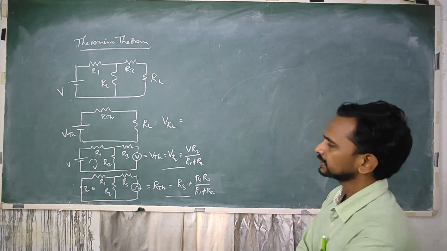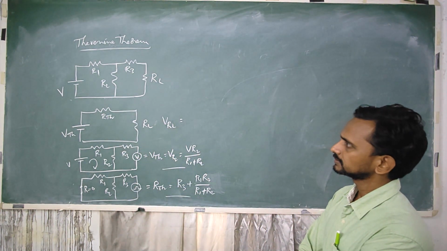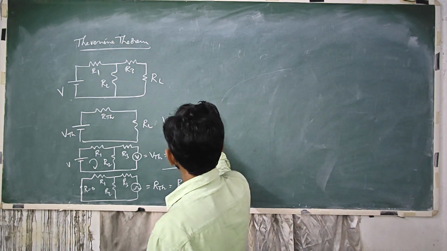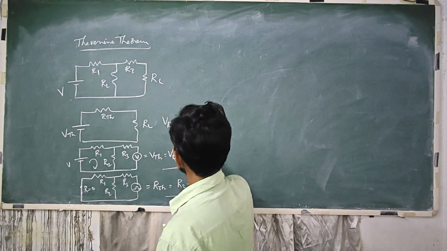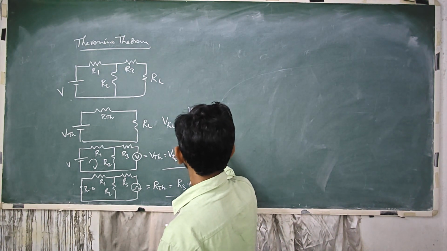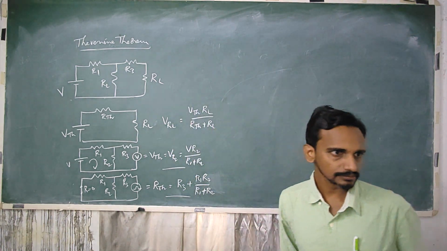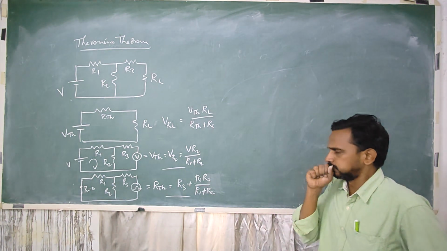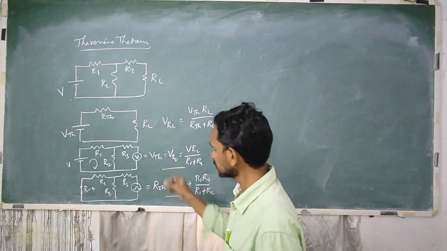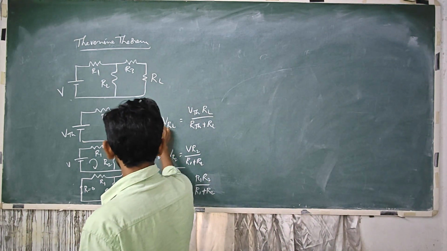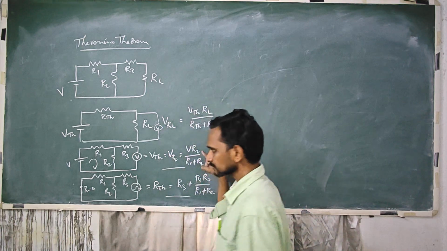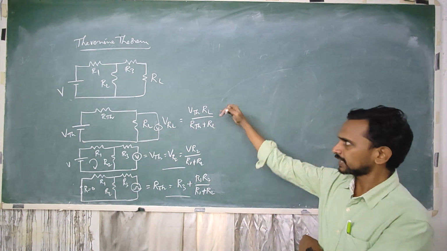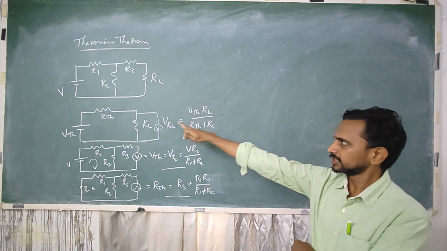From this equation, VRL is VTH times RL by RTH plus RL. So this is the ultimate confirmation for our calculations. So we have to calculate and get this value. At the same time, we have to measure the value and confirm it.